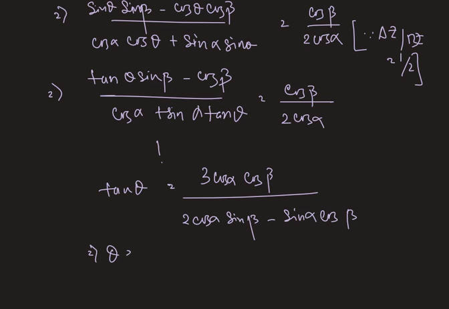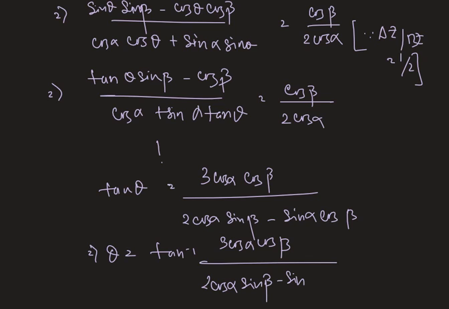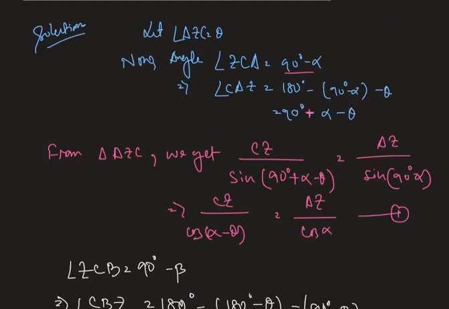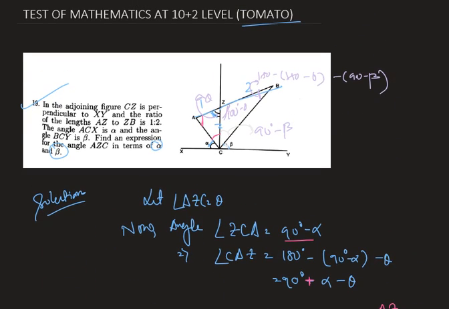Therefore the value of theta will be tan inverse of 3 into cos alpha cos beta whole divided by 2 into cos alpha sin beta minus sin alpha cos beta. So this is the answer for the angle AZC.